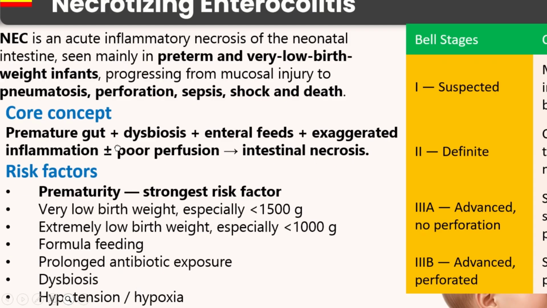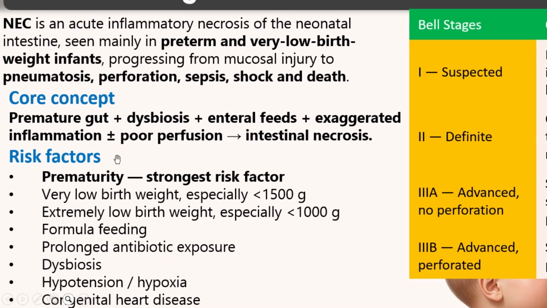So the core concept is we have a premature gut. That premature gut has a dysbiosis. The organisms that are living in that gut have not yet balanced the way they should. Remember, we have the normal flora that prevents the overgrowth of other bacteria. Then we have the enteral feeds coming into the picture.